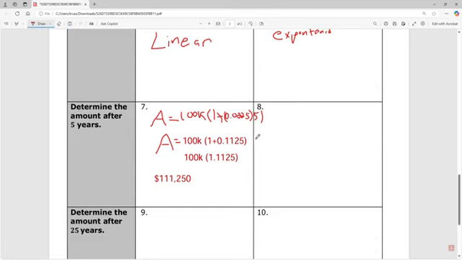Right, so it's going to be A equals, I just do it like, oh, it's hard to do it like that. I'll see what I can do.